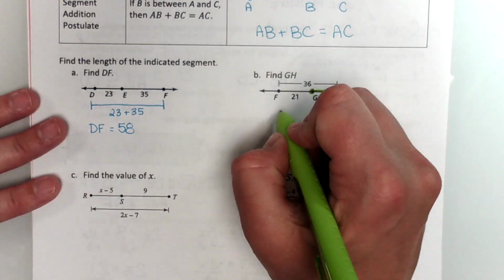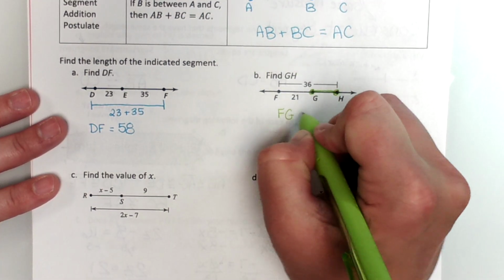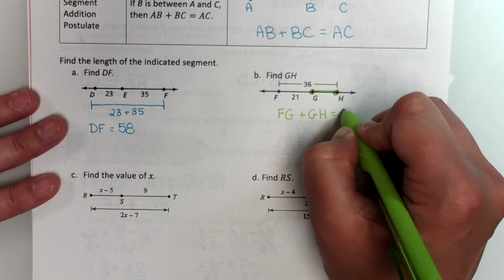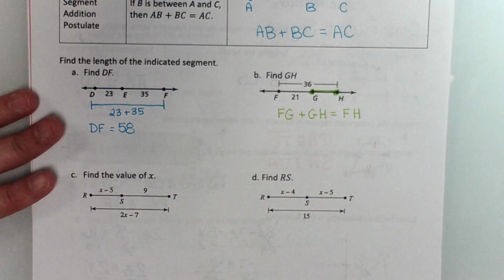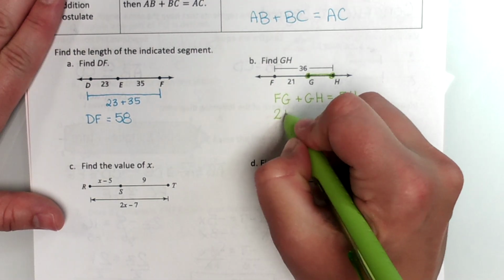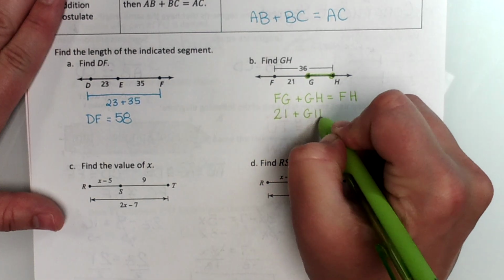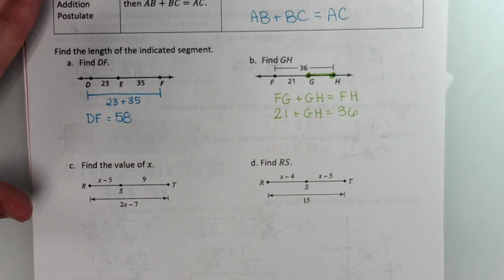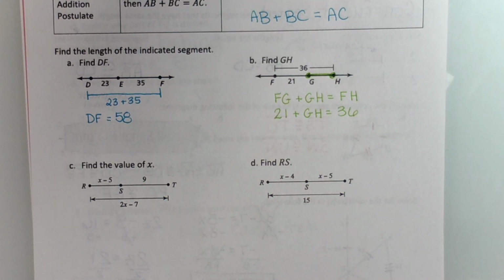Because according to the postulate, the adding would happen between FG and GH to be equal to FH. So the adding would have been the 21 plus the GH that we don't know is equal to that 36. That's what the postulate tells us.